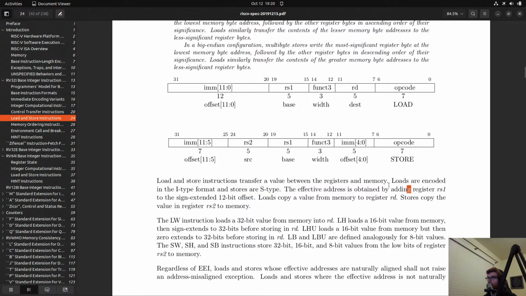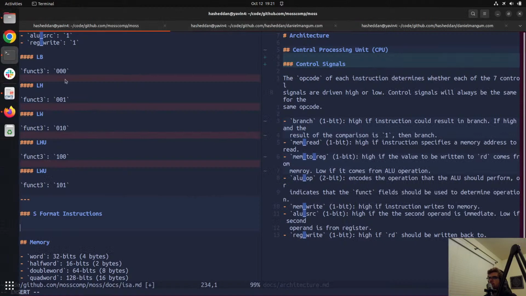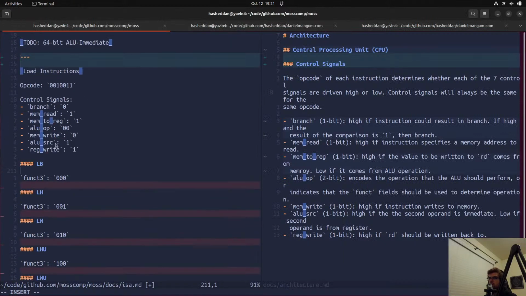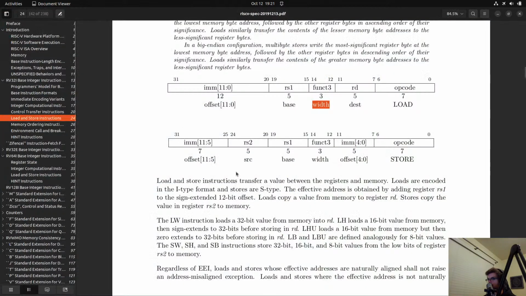So we already talked about loads with the immediate last week. Basically, depending on what the funct3 tells us, we are going to load the value, either load byte, load half word, load word, load half word upper, load word upper, I think are what those stand for.